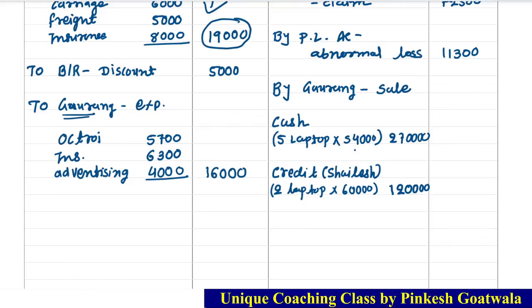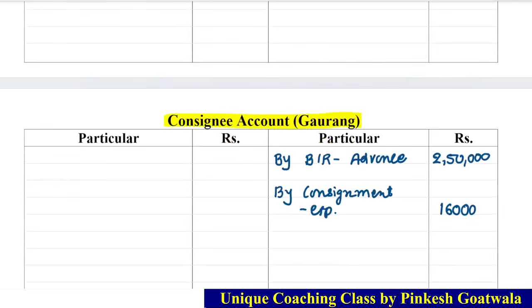So total sale is 3,90,000. Now here, Gaurang, we should give the cross entry to Gaurang's account on the debit side.